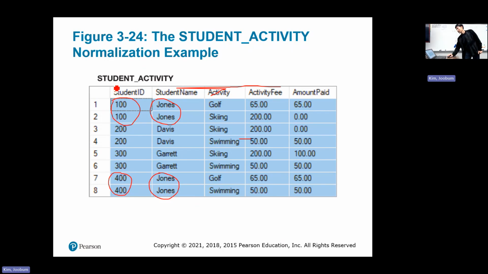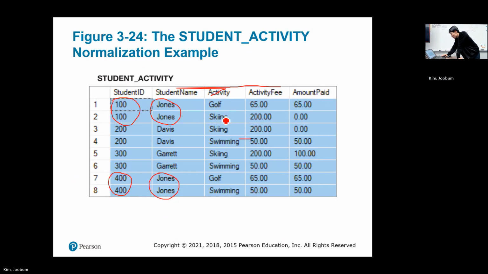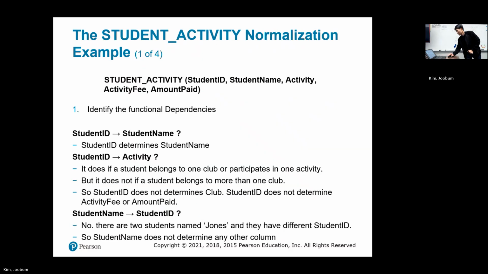So student ID cannot determine student name, right? Let me see. Sorry, yes, sorry. Student ID 100 is associated with Jones, and 400 is associated with Jones. So student ID determines the student name.